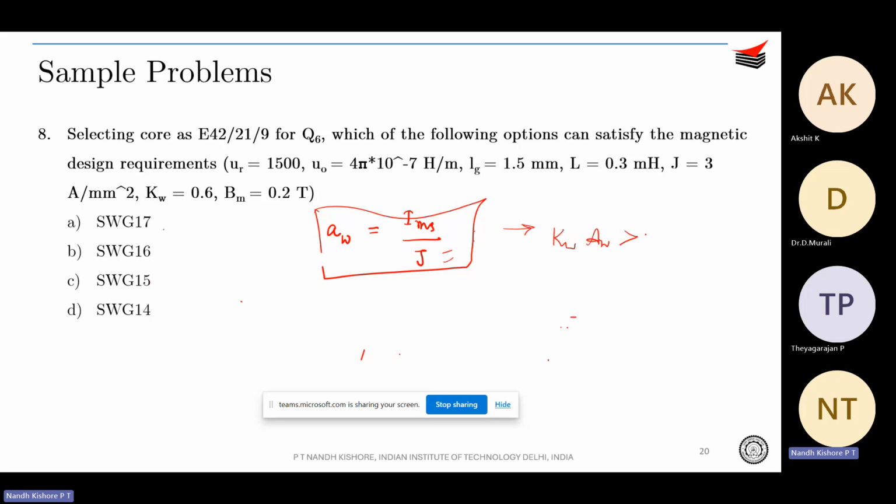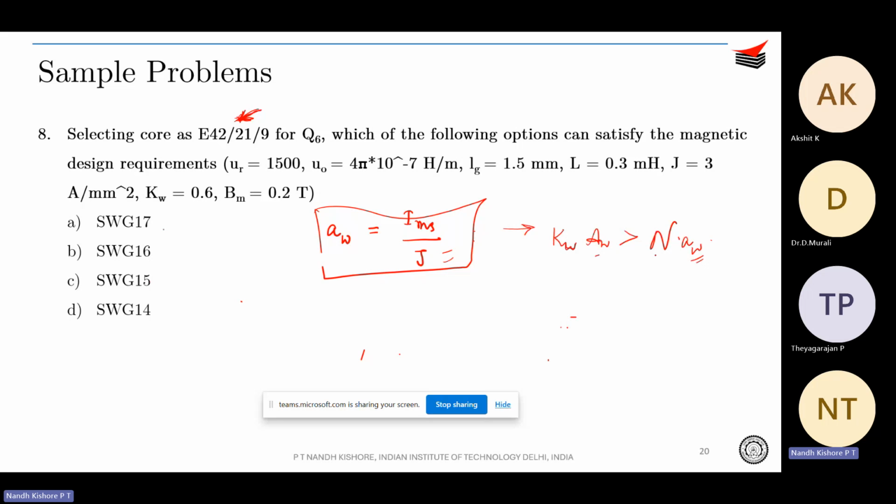So KW AW should be more than N into small AW. Small AW is the cross-sectional area of each wire, and capital AW is your window area. That is evident from the selected core. From the data sheet of the selected core, you get the window area. KW is given.